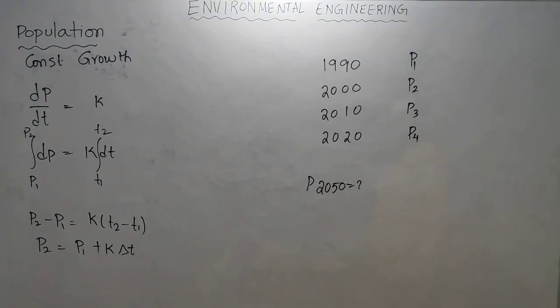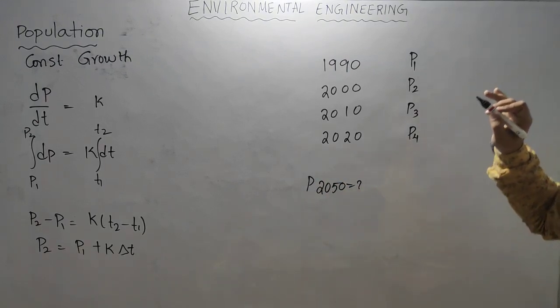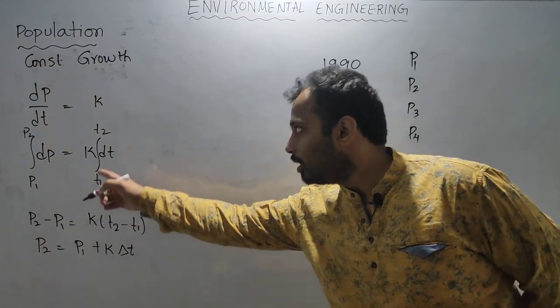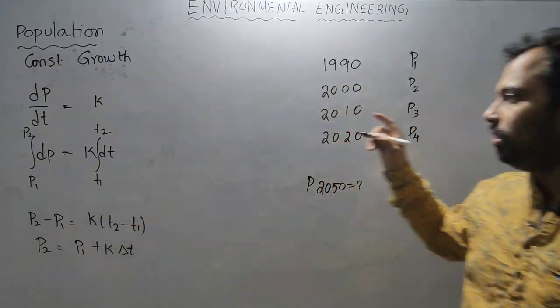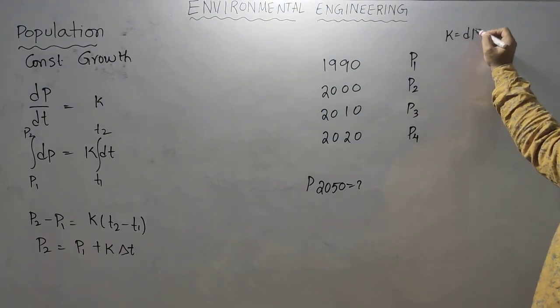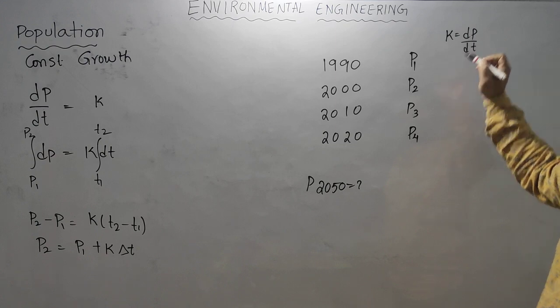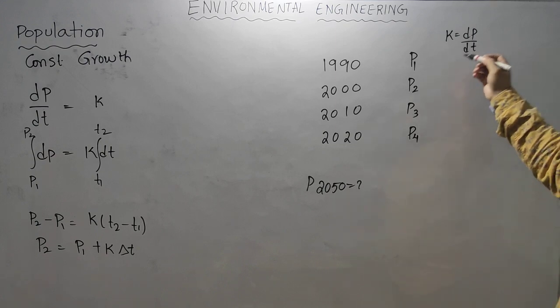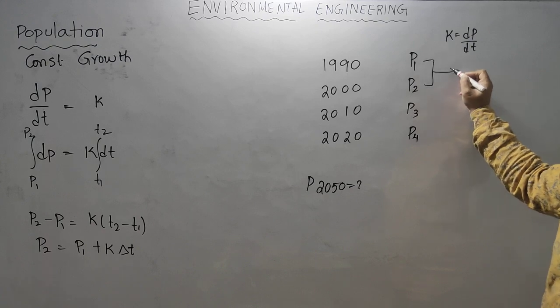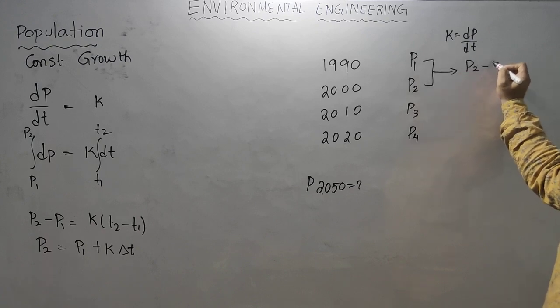Okay, so now here, what is K? K is nothing but dp by dt. So dp by dt means, dp means what? So here it is p2 minus p1.